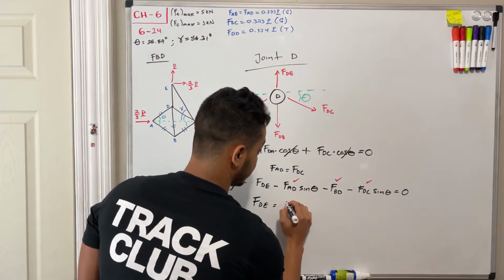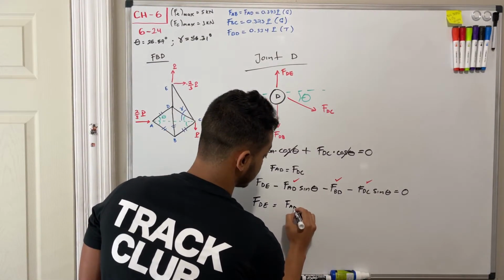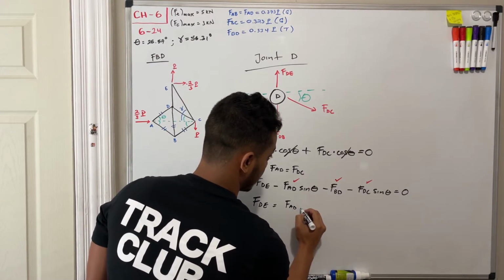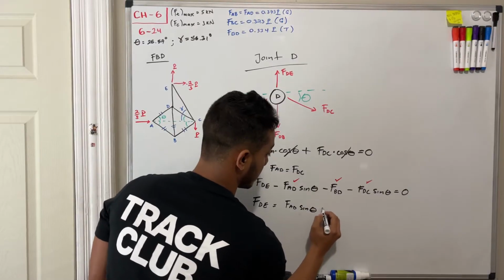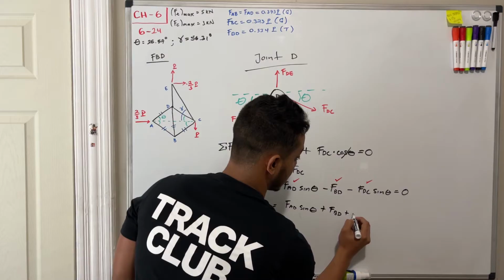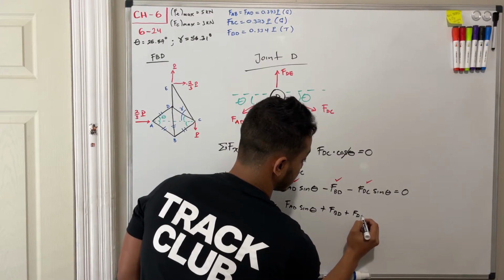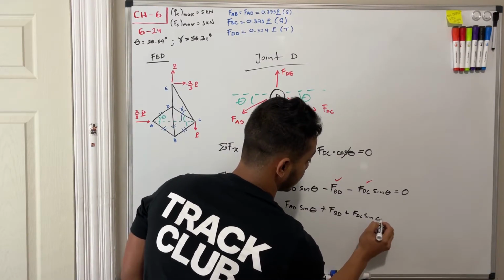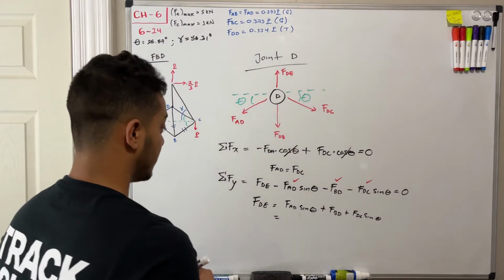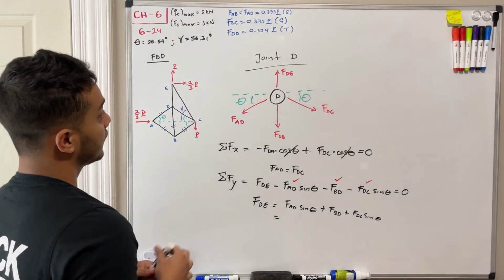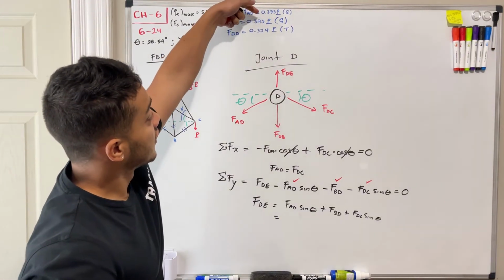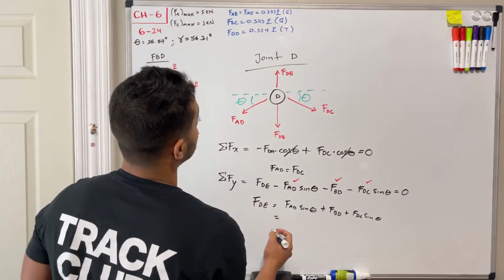So we'll have FAD sine of theta plus FBD plus FDC sine of theta. Okay, so we're going to put our values in here, and what do we have? So I'm just going to do this one. FAD is compressive, 0.373.